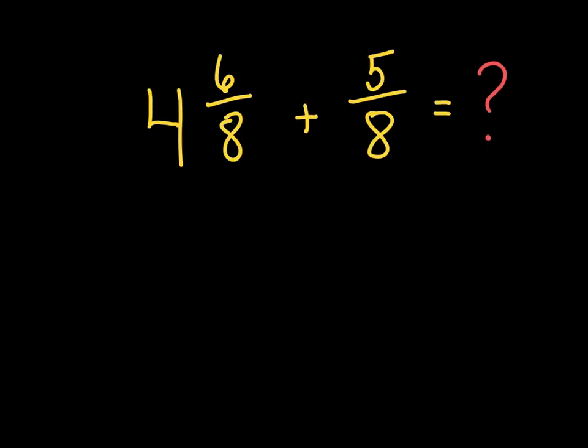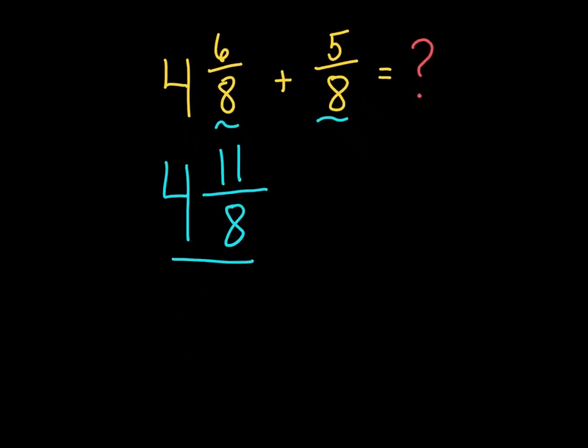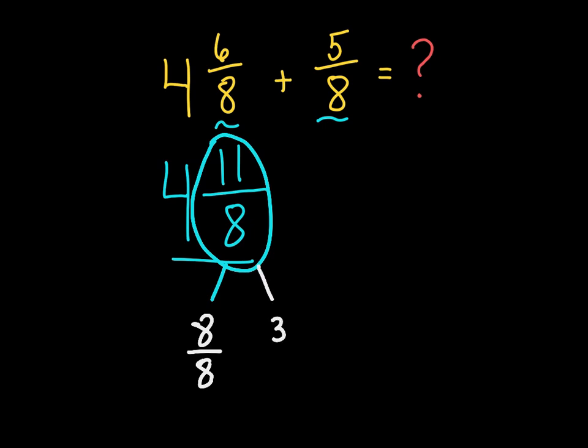All right, next one's a little bit different because now we're going to be making a mixed number that has an improper fraction in it. So let's try it. We have our whole, which is a 4, and our denominator stays the same because they are alike, and our numerator is 6 plus 5, which is 11. So we can't leave that like that. So what we need to do is pull the whole out of here. And when we pull the whole out of here, we're going to get 8 8ths. And then what's left over? 3 8ths.